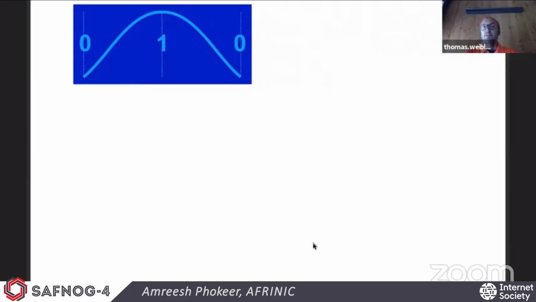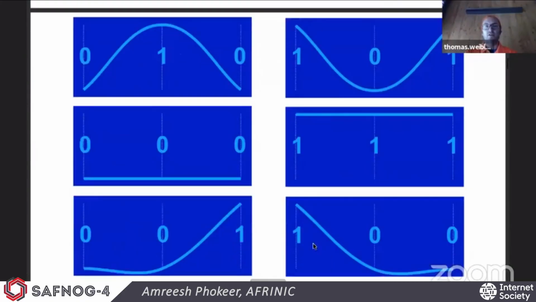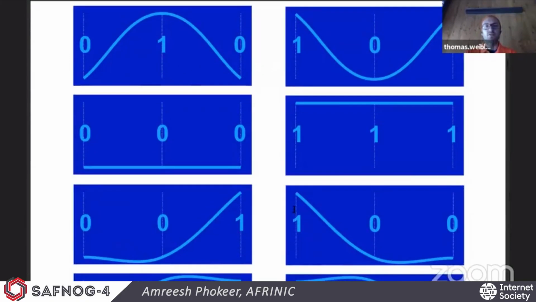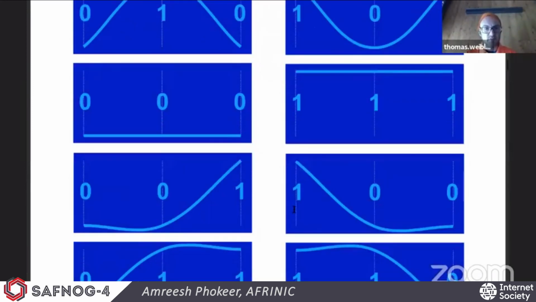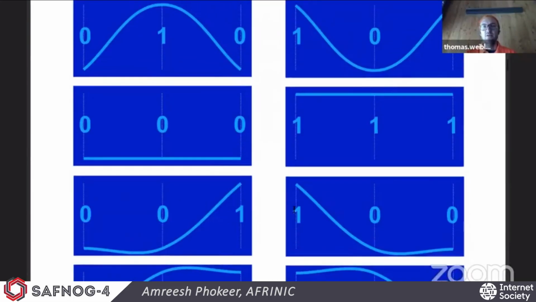Having 3 different states gives us the possibility to represent them in 8 different manners. So in the top left corner we have 0, 1, 0, and below that, for example, 0, 0, 0 in a sequence, or 0, 0, 1, or 0, 1, 1. On the right side we see 1, 0, 1, and so on. So we got 8 different states representing our 3 events.